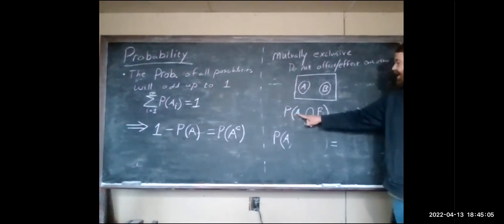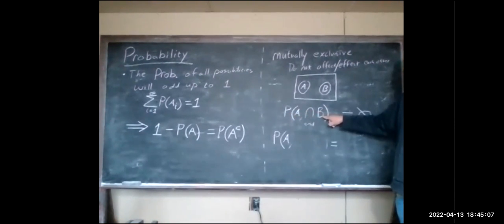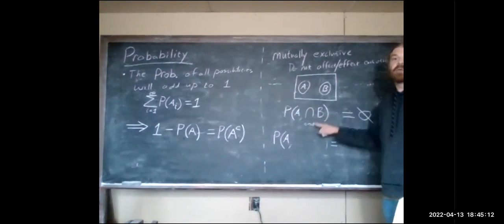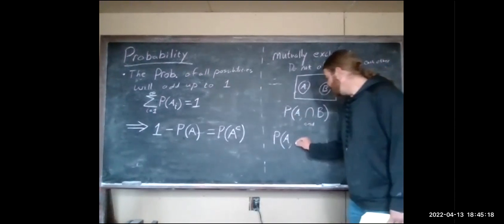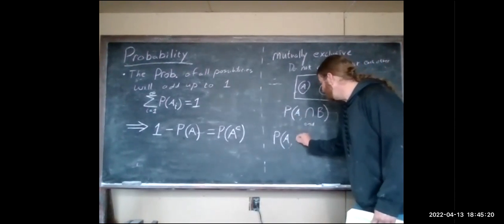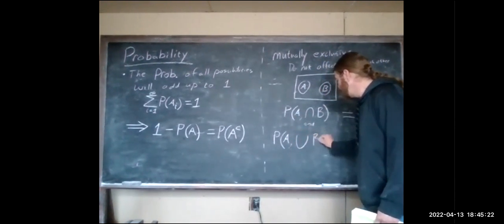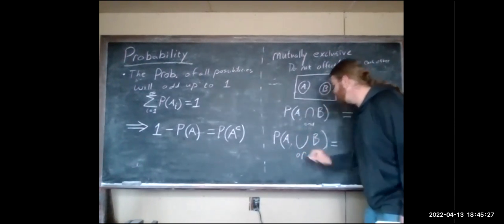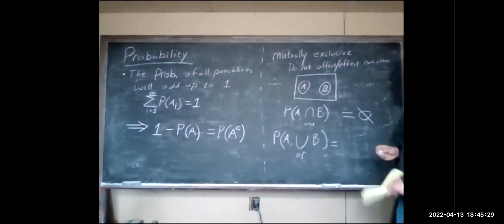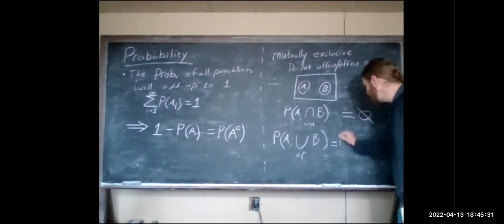So the probability of A intersecting B, so A and B having things in common, our and situation, is emptiness. Whereas the probability of the union of A union with B, which is our or situation, is going to be their sum.